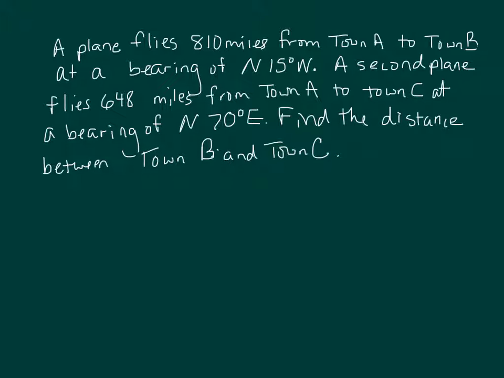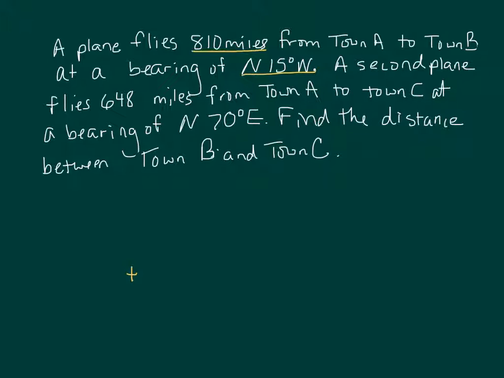The airport is clearly in town A, so we are going to start by drawing a picture. It's just a reminder that we have a compass, and north is always here on the top. Let's draw the first plane. He's traveling 810 miles north 15 degrees west.